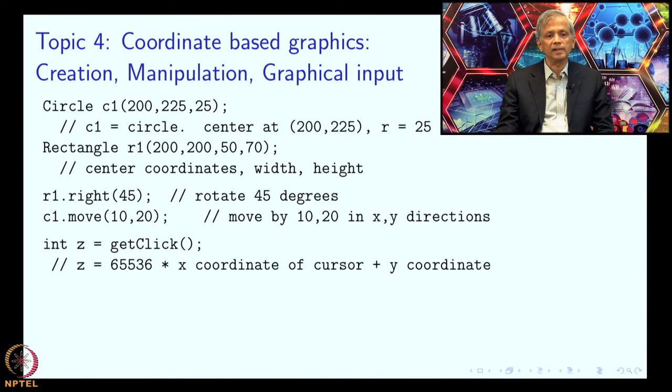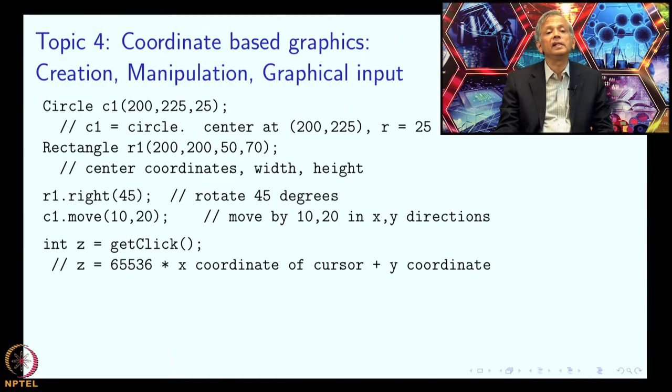And here is an input statement. If I write getClick, it's like reading in values. Your program, instead of waiting for something to be typed, is going to be waiting for a click to happen. And Z will get 65536 times the x coordinate of the cursor at the time of the click plus the y coordinate.